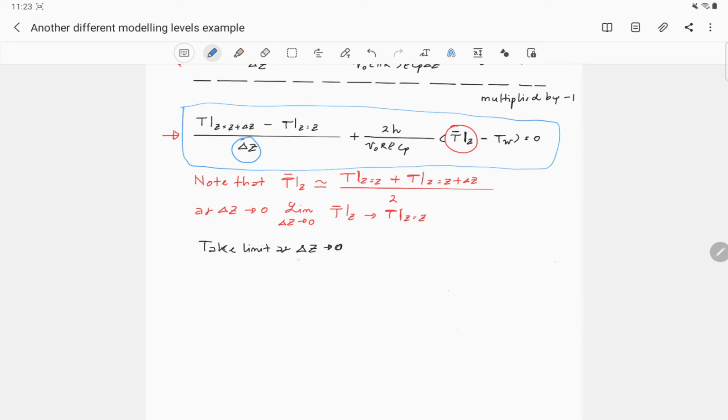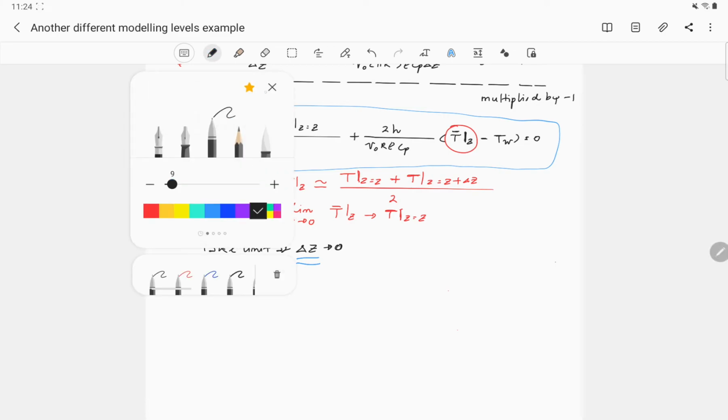So we need to shrink the thickness of the fluid element to approach 0.